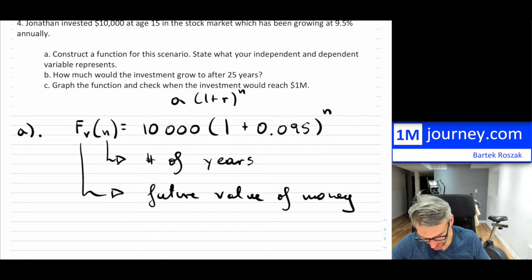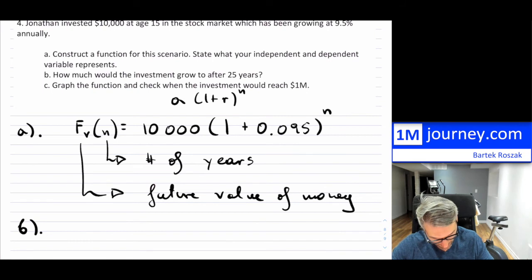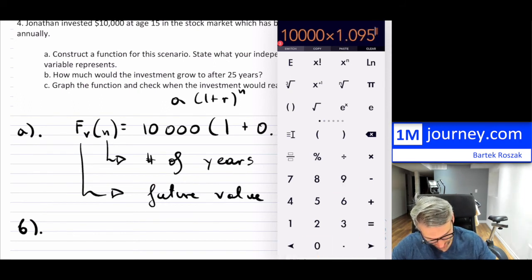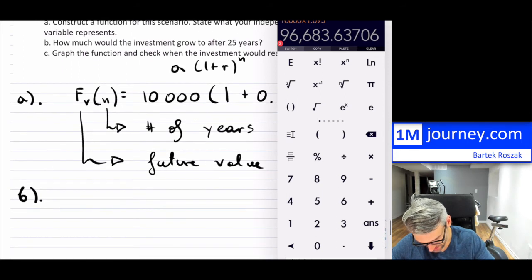Part B: how much money after 25 years? Well, let's see. I don't know how much money they'll have. It's going to be 10,000 times 1.095 to the exponent of 25. I'm sure it's going to be a lot. It's almost 100 grand. That's the future value at 25 years.